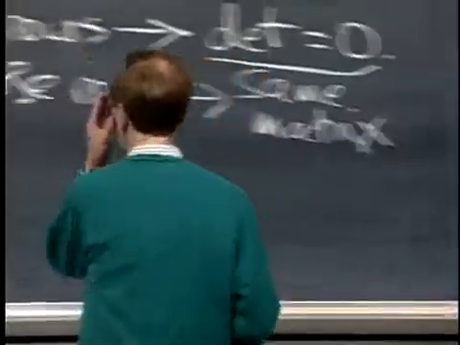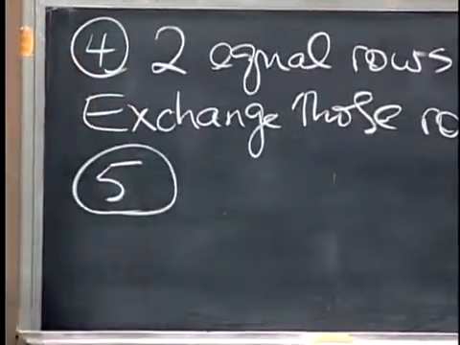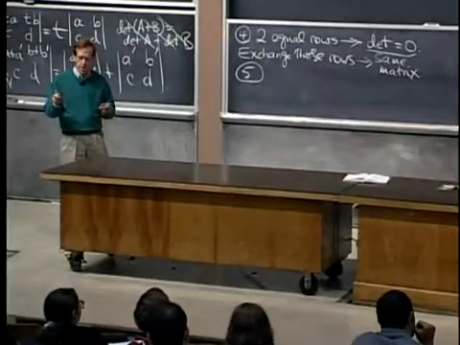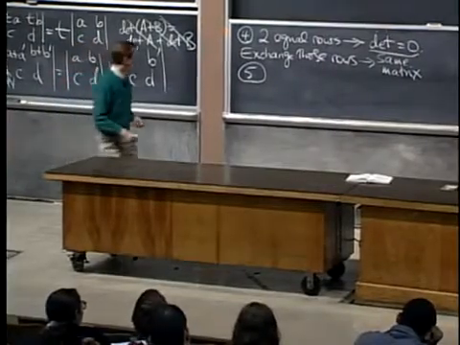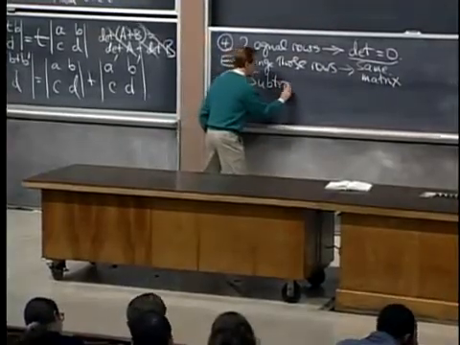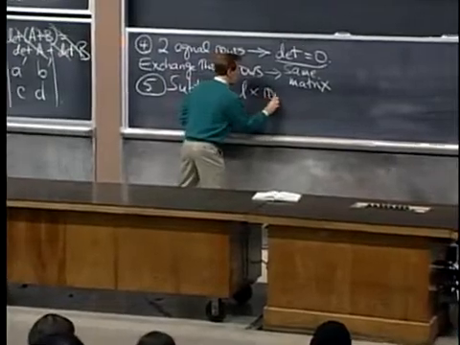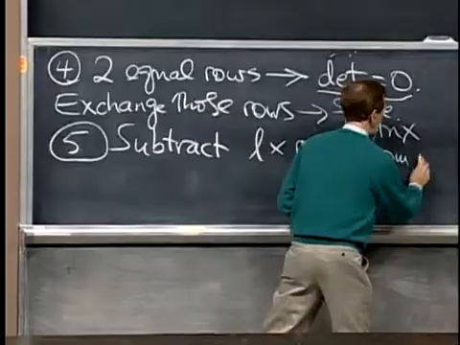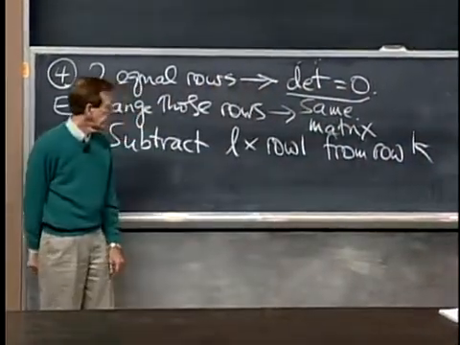Now, property 5 you'll recognize as a key. It says that the elimination step that I'm always doing, subtract some multiple L times row 1 from another row, row K, let's say.